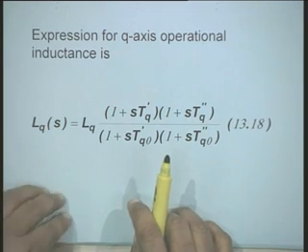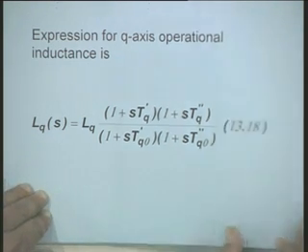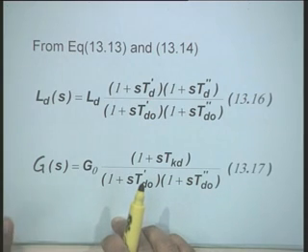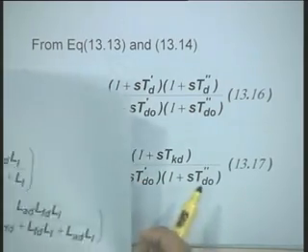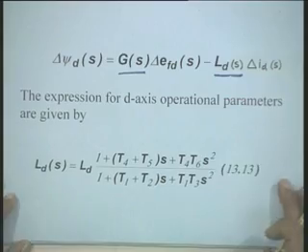Now, to obtain an expression for these parameters in terms of T1 to T6, what we have to do is compare the denominator and numerator terms. After all, we had written earlier LDS in this form.